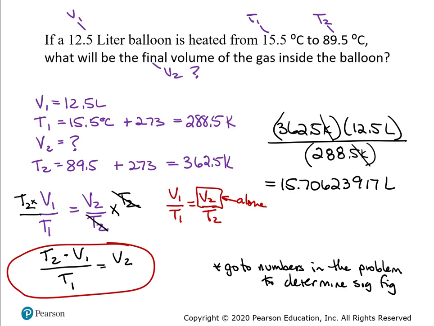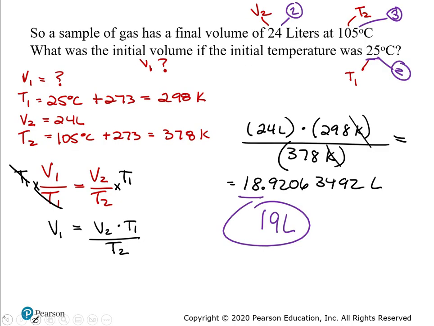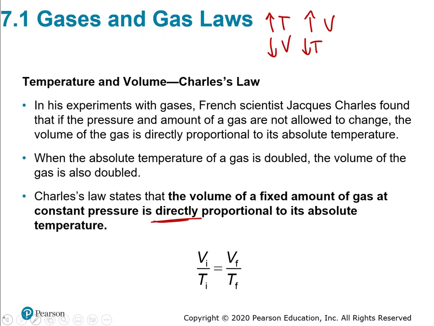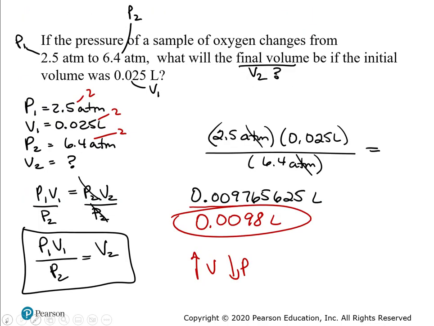The other little note to remember is that if you need to move something in the numerator, it always goes to the denominator on the other side. Like what we did with Boyle's law. If I have P1 V1 equals P2 V2, everything's in the numerator, because they're all multiplied across.